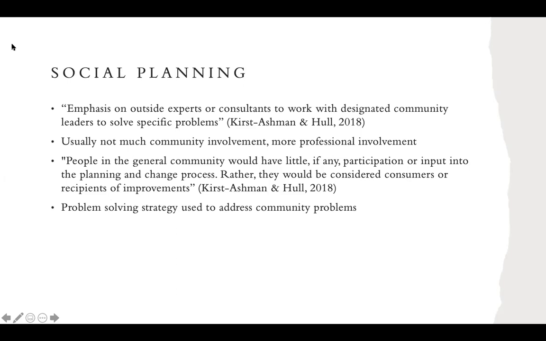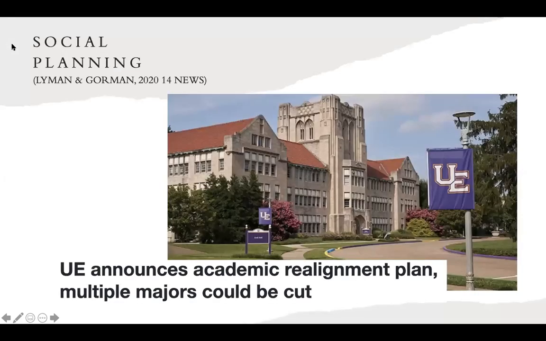It's really just a time for community leaders to address community problems and use problem-solving strategies to address those problems. As an example of social planning, I chose this article which discusses a realignment plan proposed by my university's president. The goal was to save the university money by cutting programs that didn't have as much enrollment.